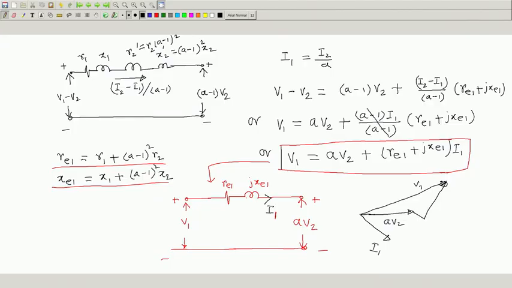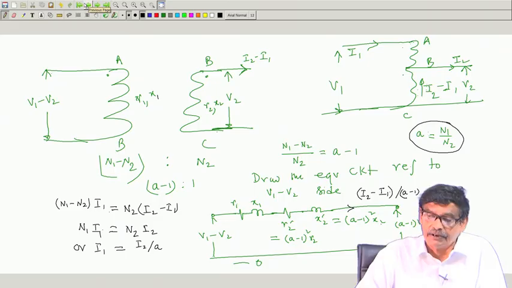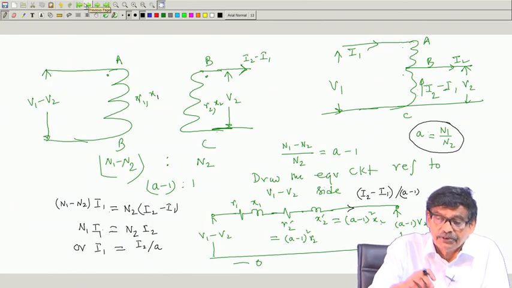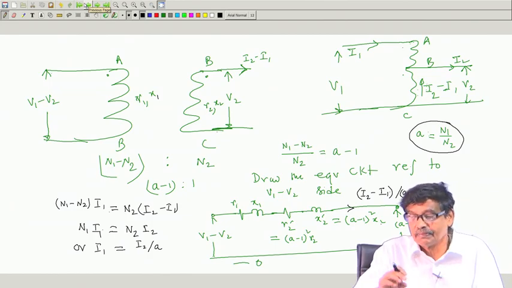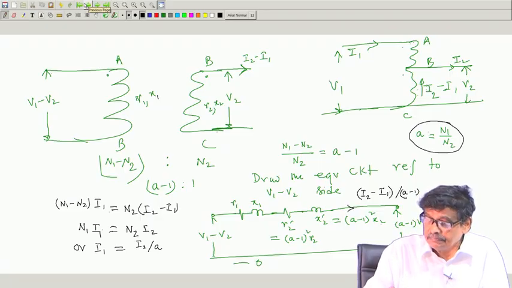And to do that, the method I have, there are several other treatments. People write a lot of equations and try to prove it, but what I am telling is that this can be very quickly drawn, provided you apply the rules of a two winding transformer for the windings AB and BC, because they are separate windings.